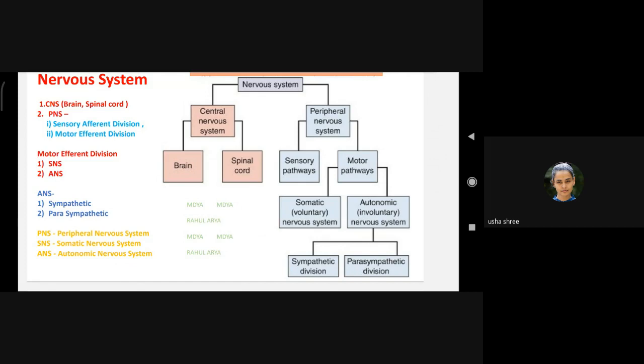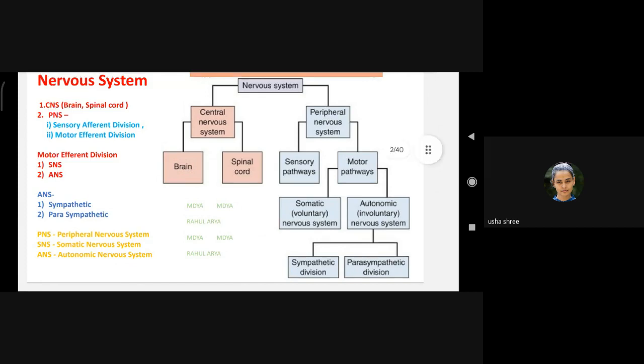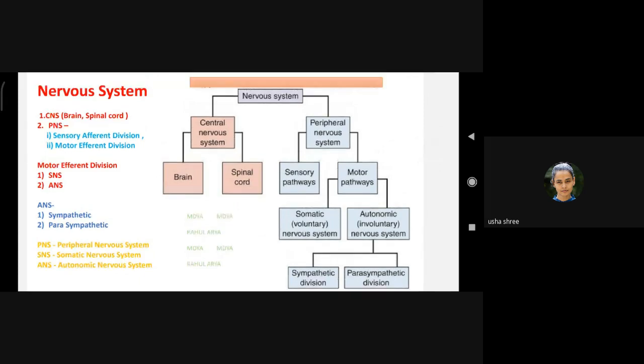So this motor nervous system is further divided into the somatic nervous system and the autonomic nervous system. Somatic means under our voluntary control, and autonomic, as you can understand from the word auto, is involuntary. Automatically it will be done on its own.